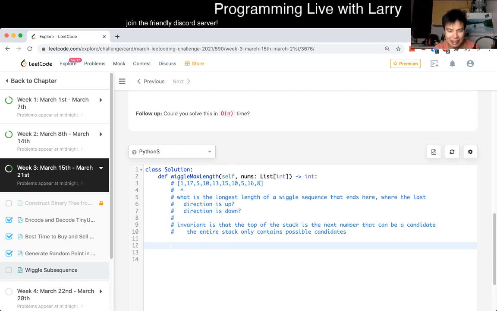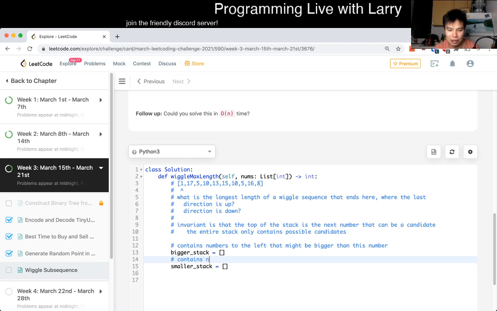Let's just say big stack and smaller stack. Maybe call it bigger stack just to be consistent. So the bigger stack is what we know contains numbers to the left that might be bigger than this number. And this is the same, it contains numbers to the left that might be smaller than the next number.